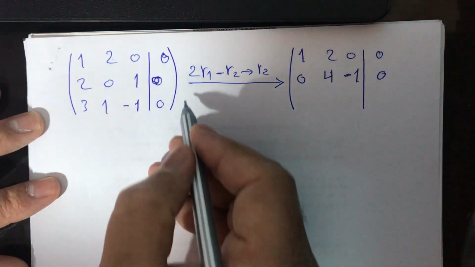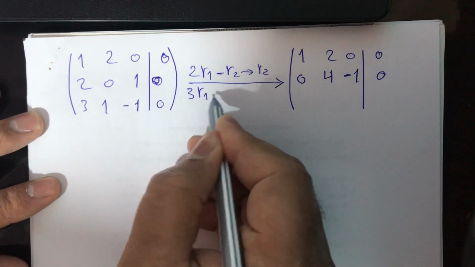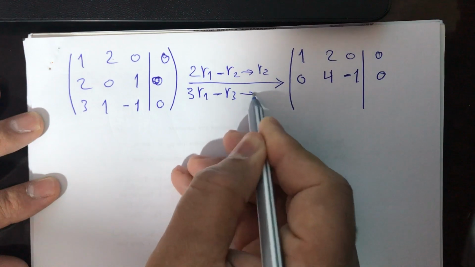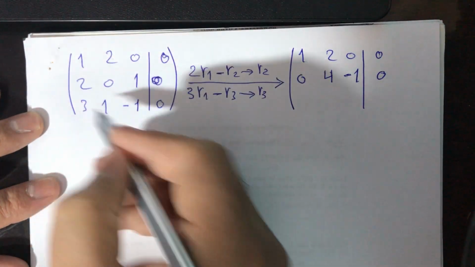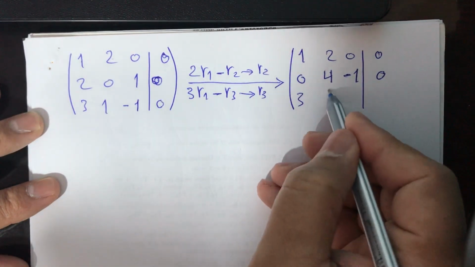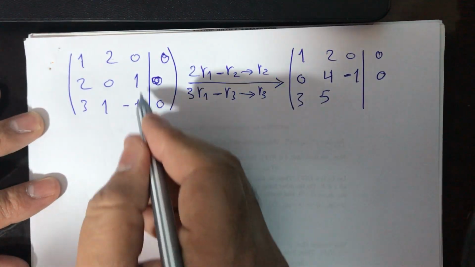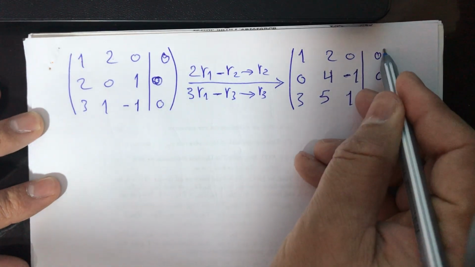And also the third row, 3r1 minus r3, write in r3. Here 3 minus 3 will be 0, and here 6 minus 1 will be 5, here 0 minus 1 will be 1, this is 0.